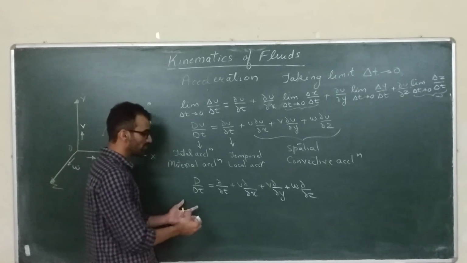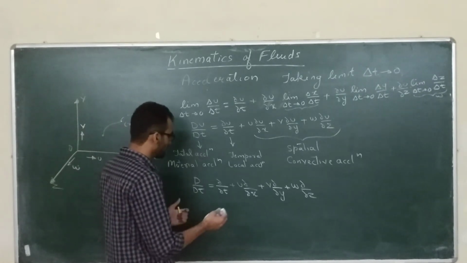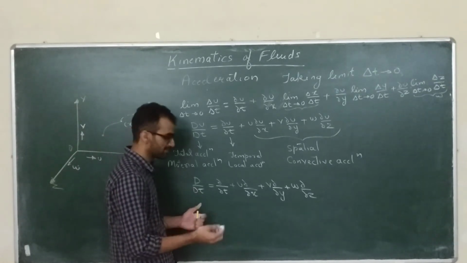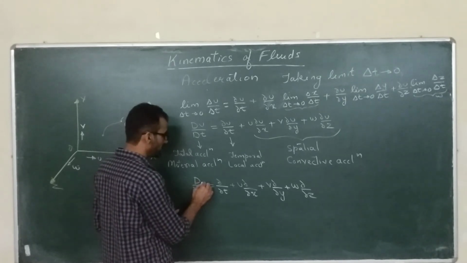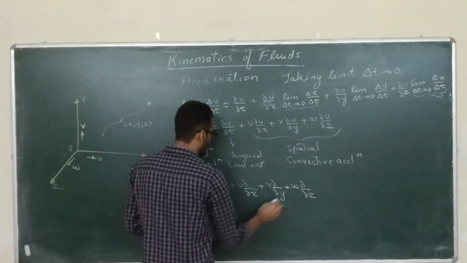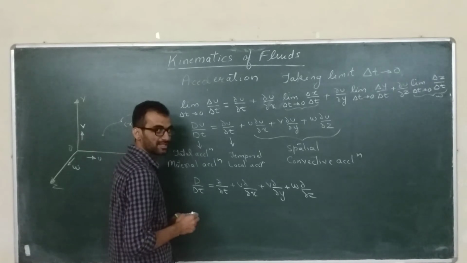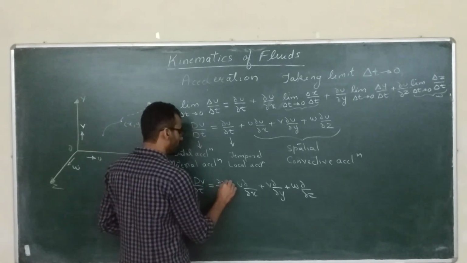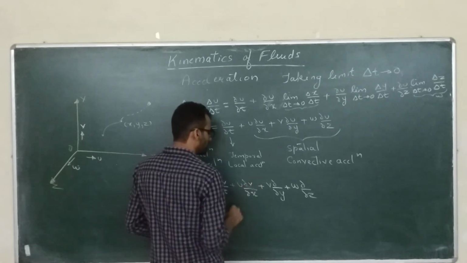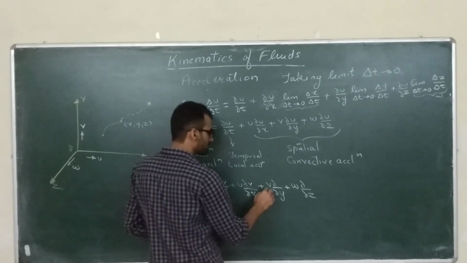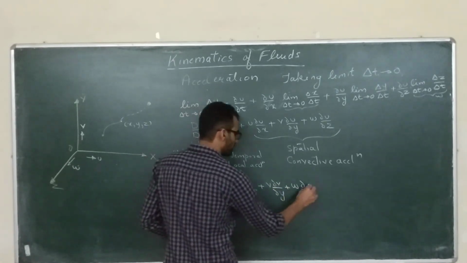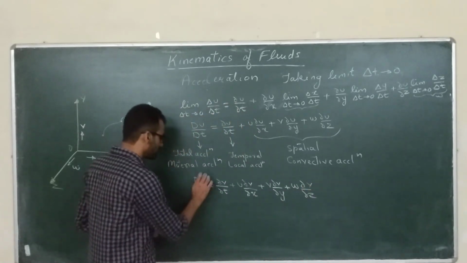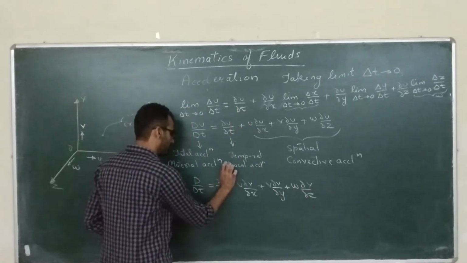Whenever you want to find the acceleration, say in the y direction, just apply this operator to the velocity in the y direction. So Dv by Dt is equal to del v by del t plus u del v by del x plus v del v by del y plus w del v by del z. This is nothing but the operators.